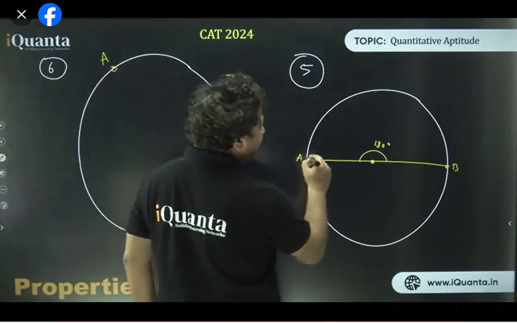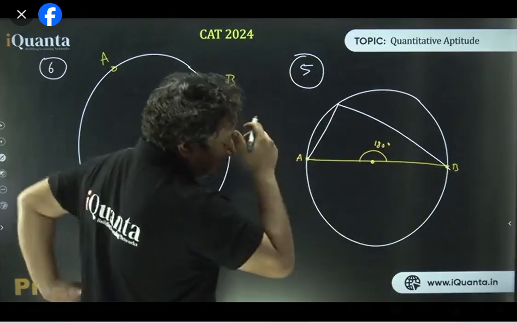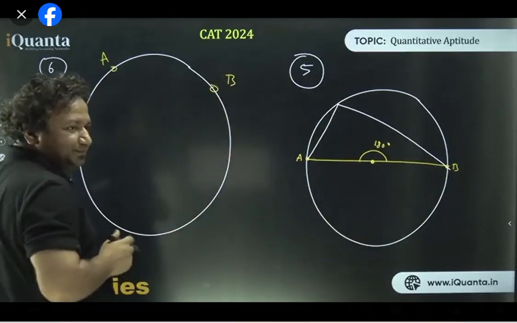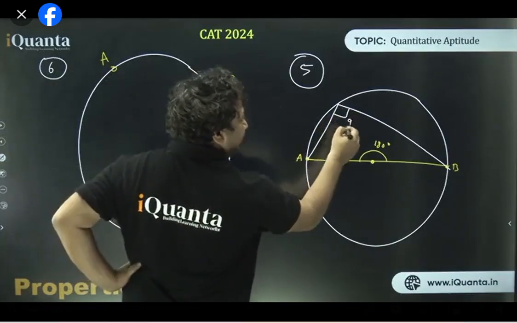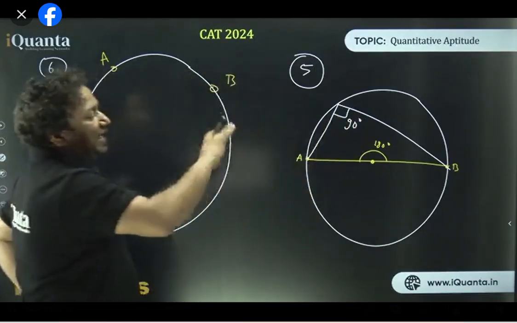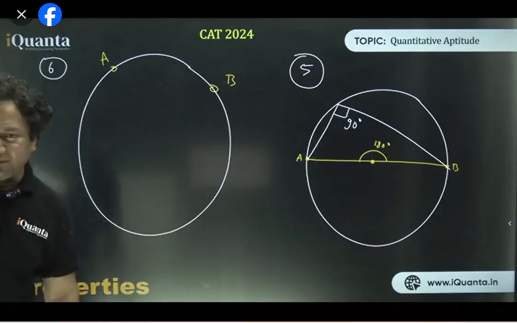It is subtending some angle over here, and this angle will always be 90 degrees. So the property is: angle in a semicircle is 90 degrees. That's what we call it.